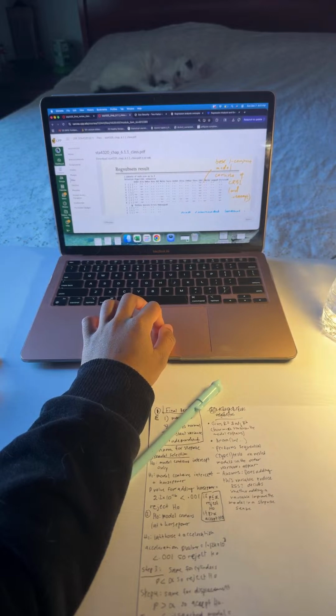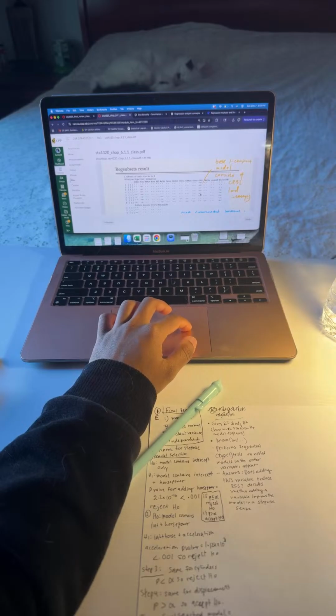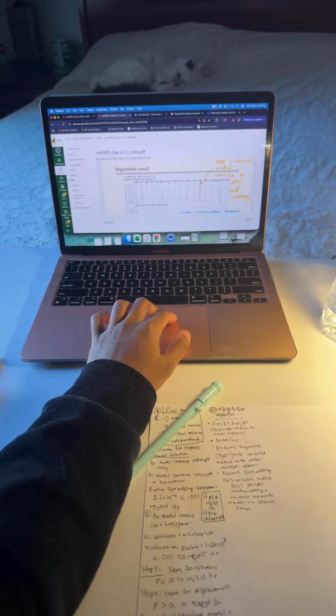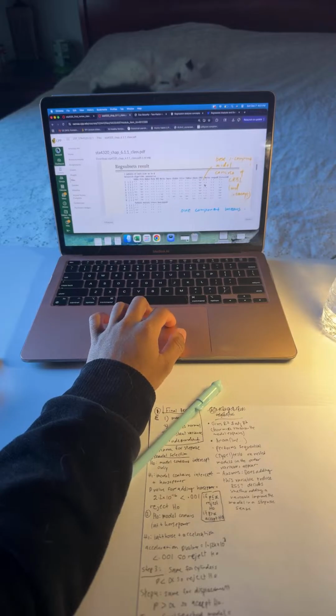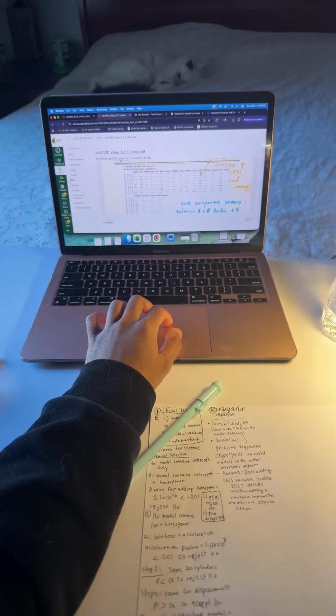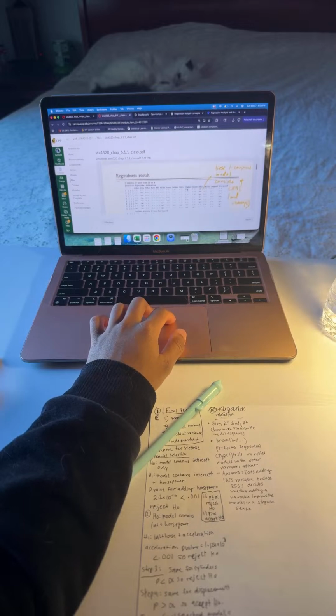This one has 1, 2, 3, 4, 5, 6, 7. This one has 1, 2, 3, 4, 5, 6. Why would it not be hits then? Oh, because of the best model, this one has the higher R squared. Yeah, okay. I think I get it.